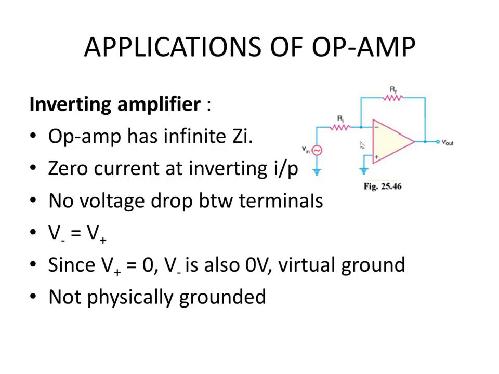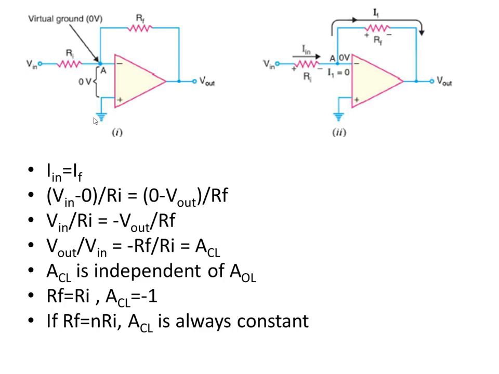Therefore, since V plus is 0, V minus will also be 0. Even though it is not connected to ground directly, not physically grounded, the voltage at the inverting terminal will become 0 volt. That is called a virtual ground. Now let's solve this circuit.